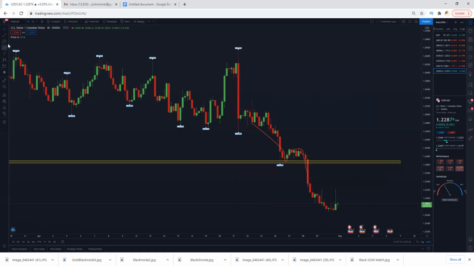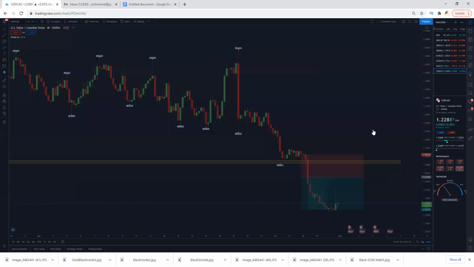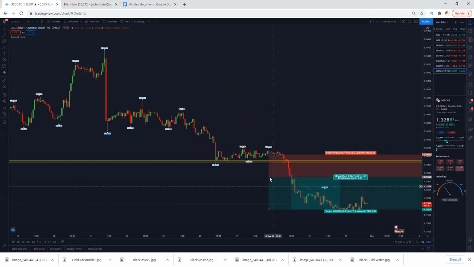Oh, we shorted it, right? Probably would have waited since it wicked a little bit up there. Stop loss would have been, oh, that's a 4 hour. Sorry, guys, that's not correct. I would have entered after it closed below this zone right here.